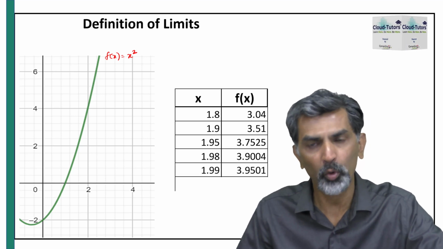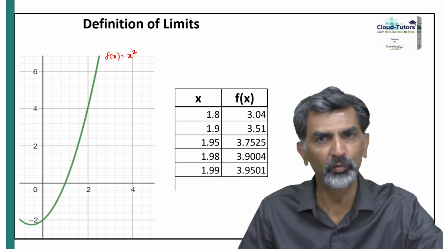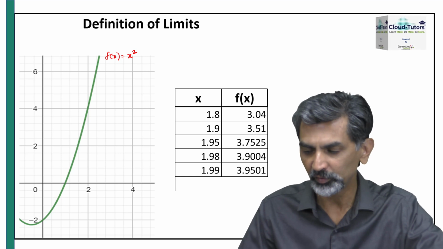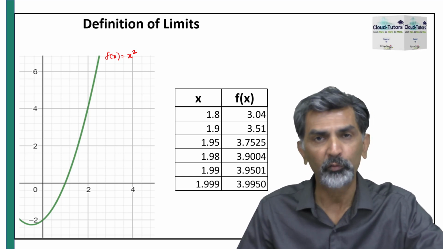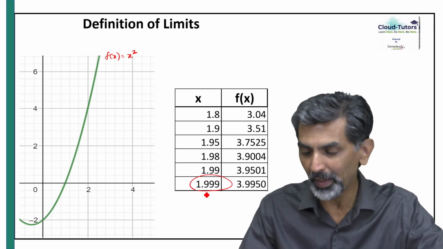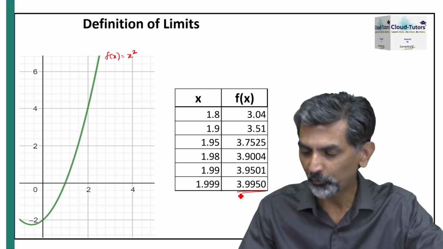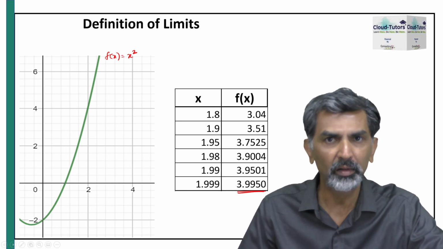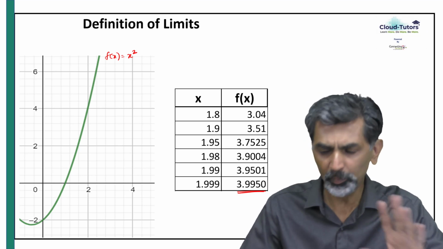Increase it to 1.99, f of x is 3.9501. And then x is 1.999, and f of x is 3.9950. So what's the point of all this?